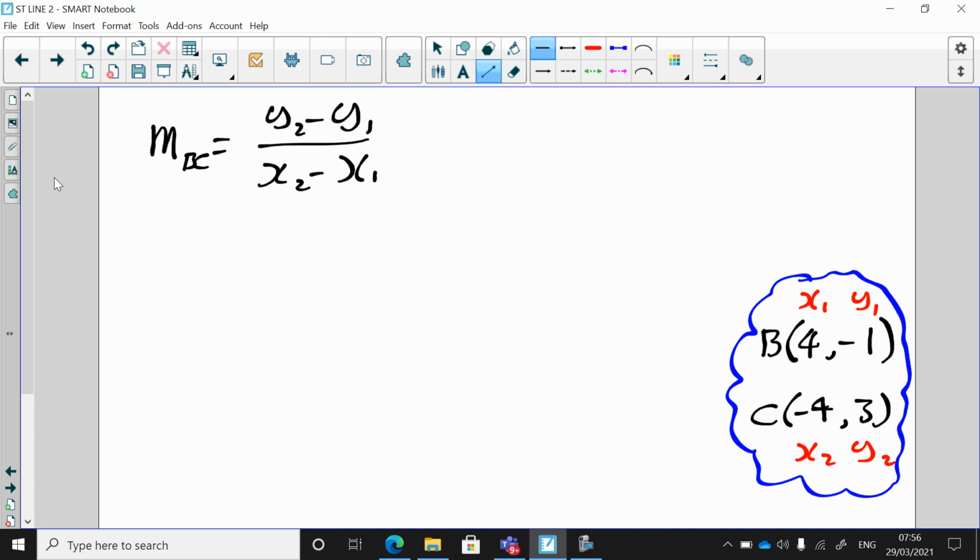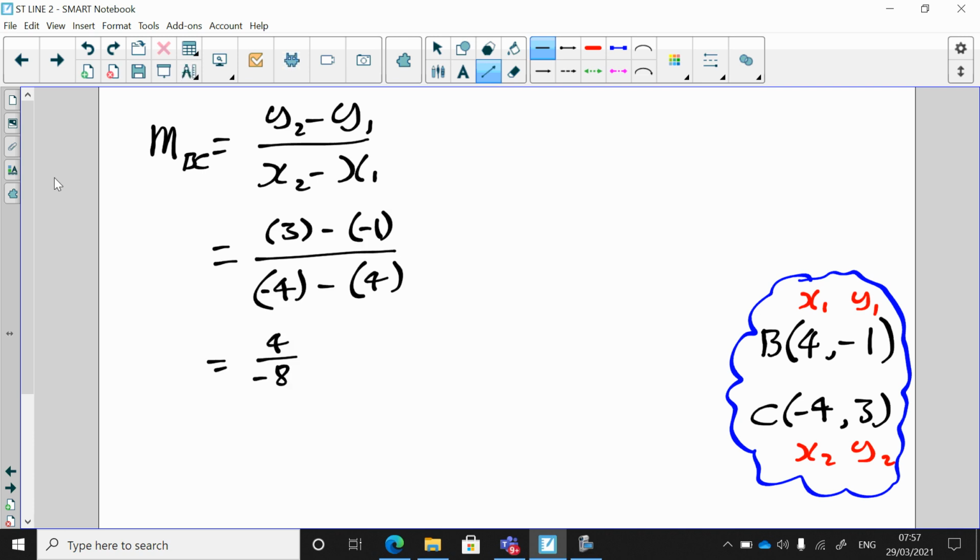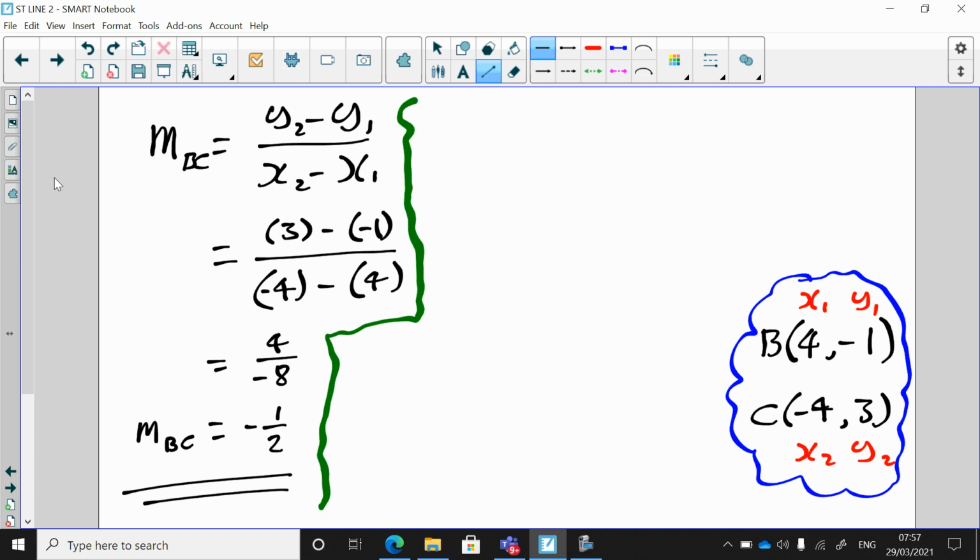So we're going to go for the gradient here. Everything's been labelled, so put things in. So it's 4 over -8. That's going to give us -1/2. Okay, but that's BC. So we want the gradient of the line perpendicular to that.